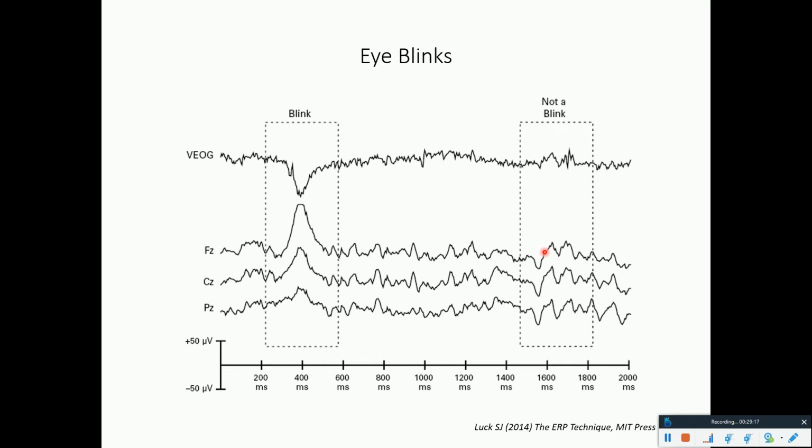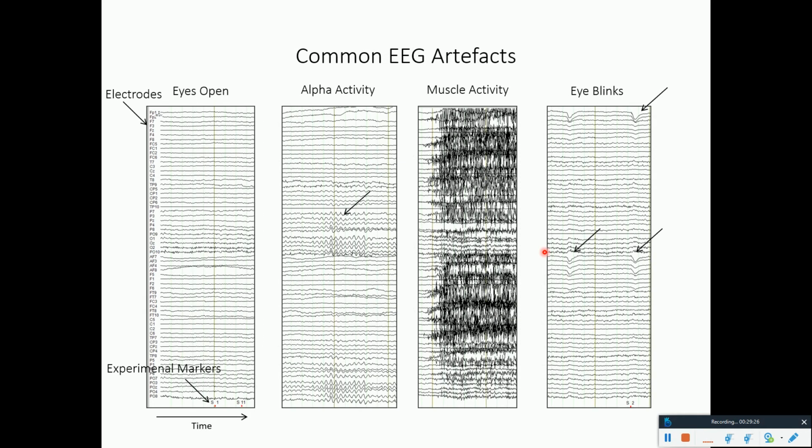So I've done my way through eye blink corrections, and I found that actually to detect eye blinks, it doesn't make much of a difference whether you detect them on these FP electrodes or on EOG.